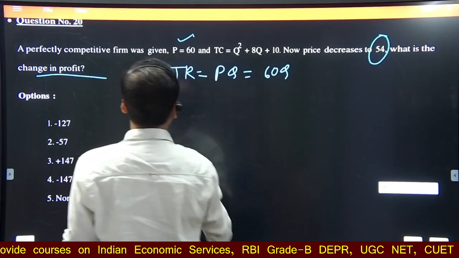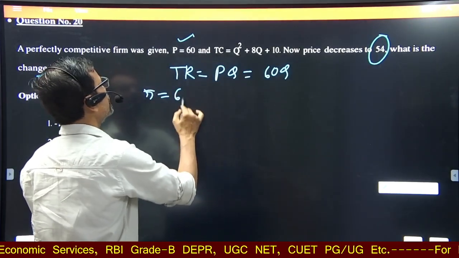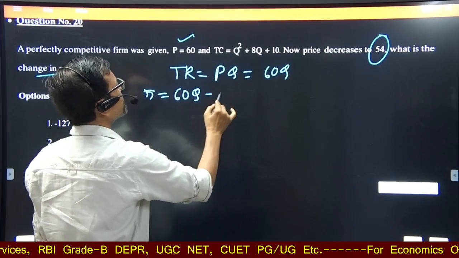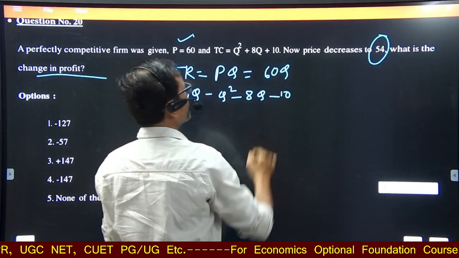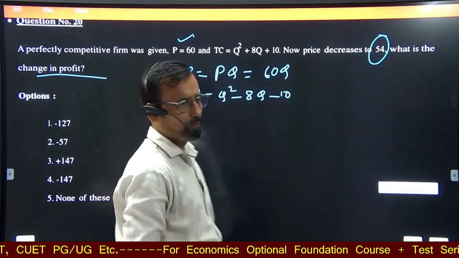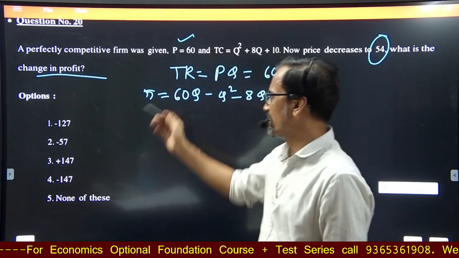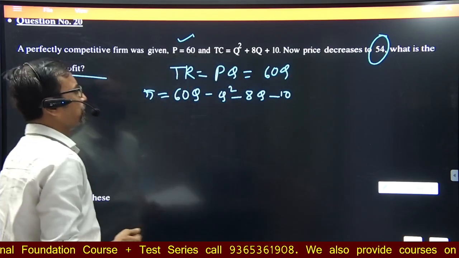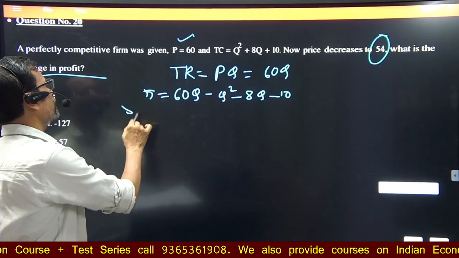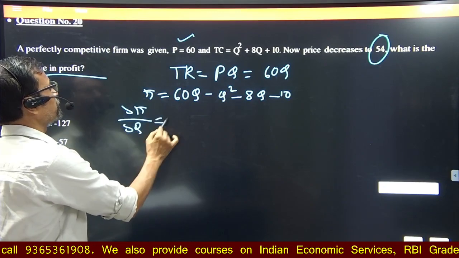Total cost is given. So this will be the pi. Profit will be total revenue 60Q minus Q square minus 8Q minus 10. In order to find the maximum profit, we have to differentiate pi with respect to q. That is the first order condition, del pi by del q is equal to 0.